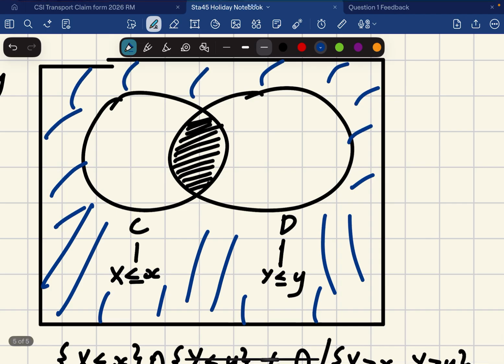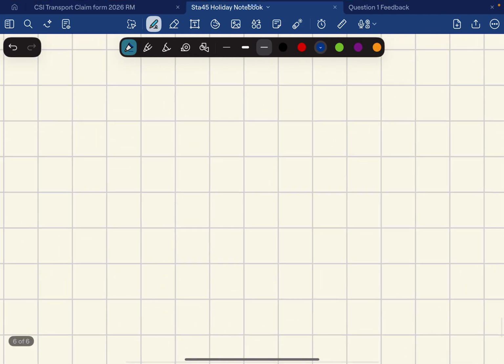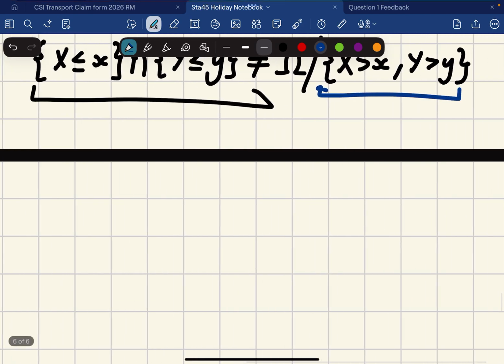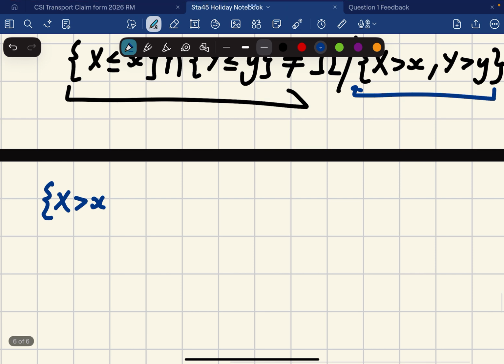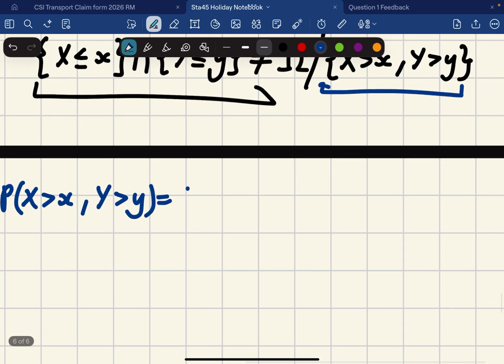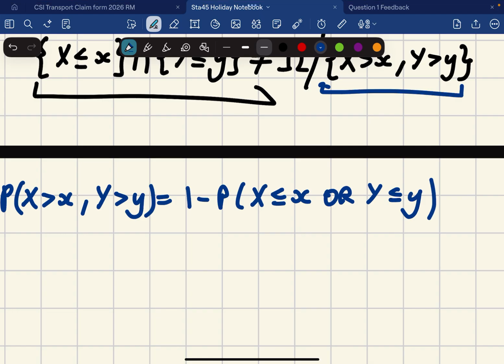That means that the probability that x is greater than small x and y is greater than small y is going to be equal to 1 minus the probability that x is less than small x, not and, but or y is smaller than small y, right?